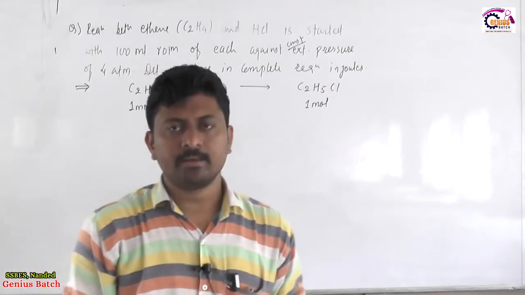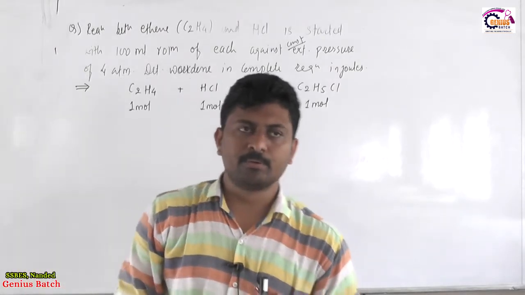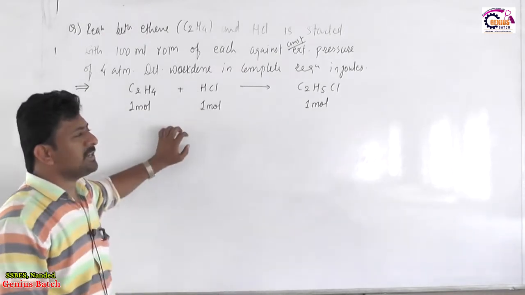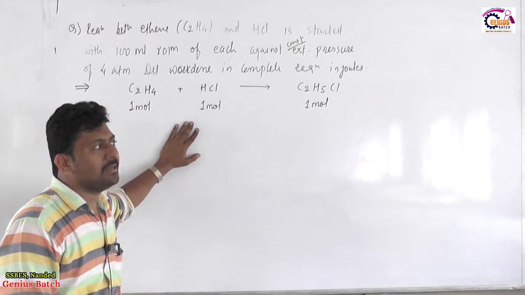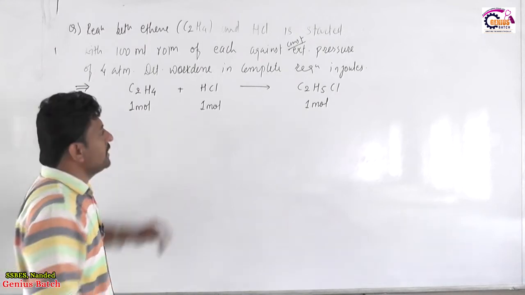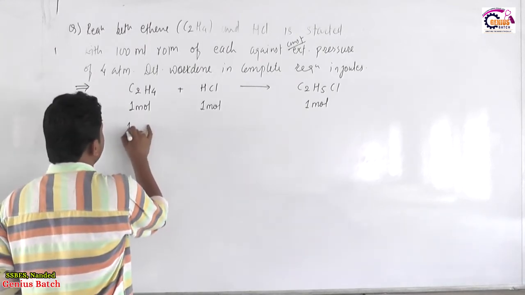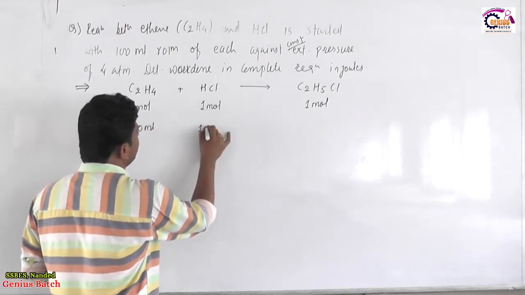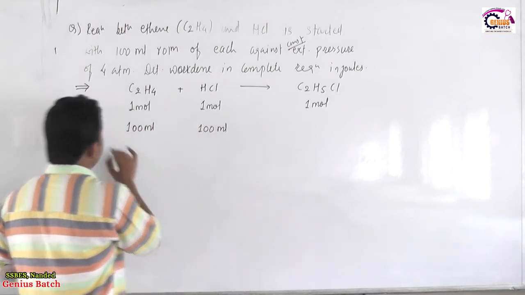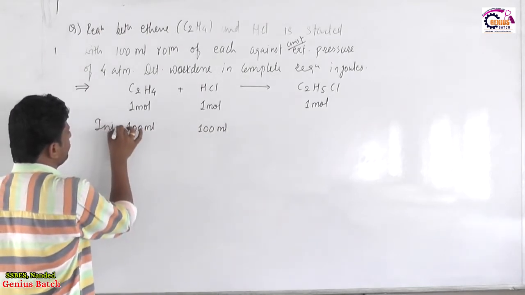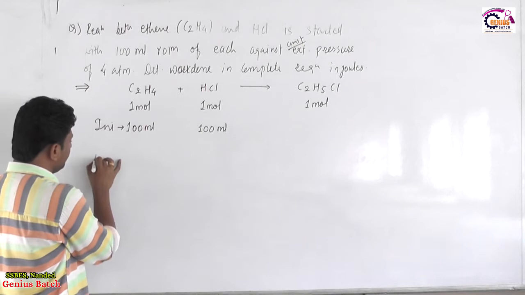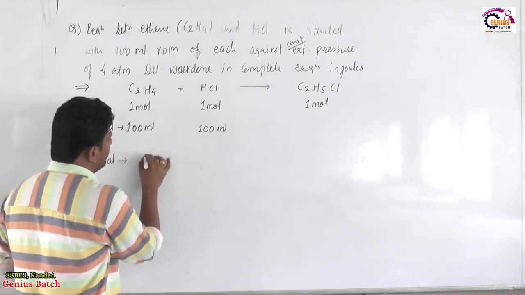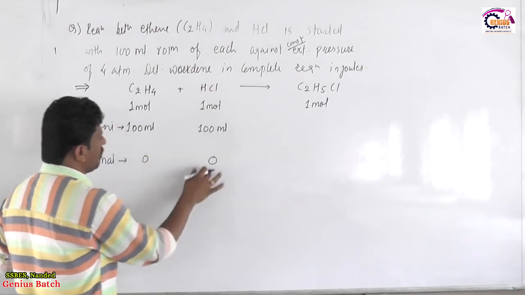If we apply Gay-Lussac's law to this reaction mixture, then if we have 100 ml of ethene and 100 ml of HCl at the initial stage, then after complete reaction, finally the volumes of reactants will drop to 0.